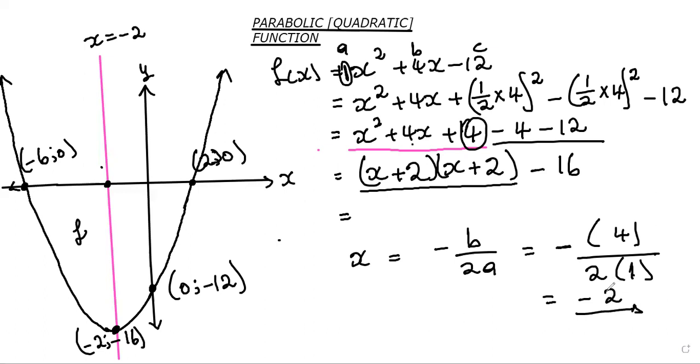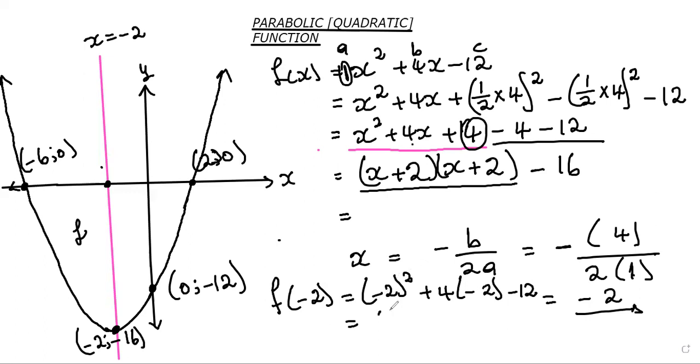After finding the x coordinate, you must find the y coordinate of the turning point. So in order for you to do that, you must substitute this negative 2 into the original equation. Like that. So negative 2 squared is going to be 4. And then 4 times negative 2 is going to be negative 8.